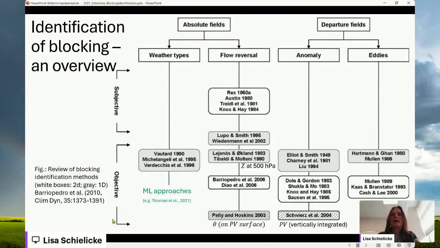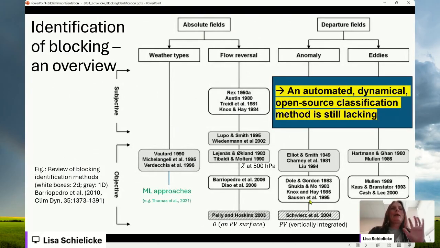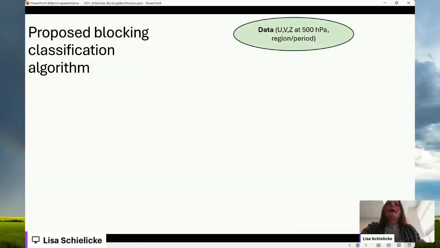Nowadays, there are also machine learning approaches which can be associated with weather types, for example, also with anomalies. However, what's still missing is an automated dynamical open source classification method that can be used to differentiate between an omega block and a high over low block. And this is what I will talk about today.